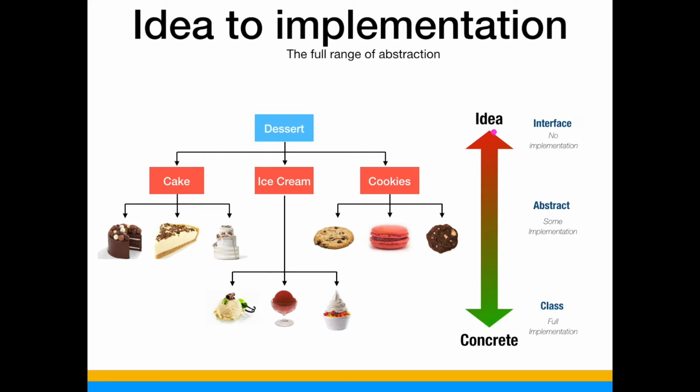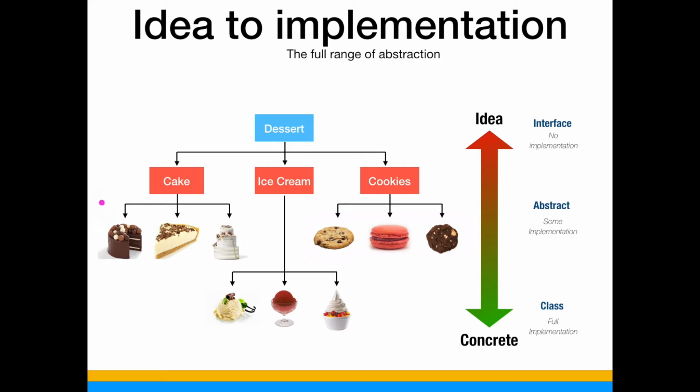Whatever implementation it is, we don't know and we don't care, because right now, when we say we're going to serve dessert, we don't have an implementation. There are other concepts like cookies, ice cream, and cake where we can have something a little bit more defined, with some implementation ready, but not all of it. We don't know exactly if these three cookies right here have very different methods of being created, same as these guys.